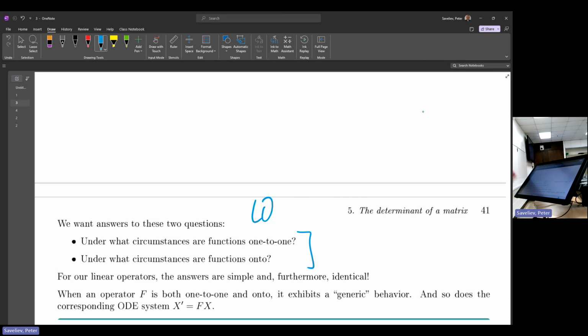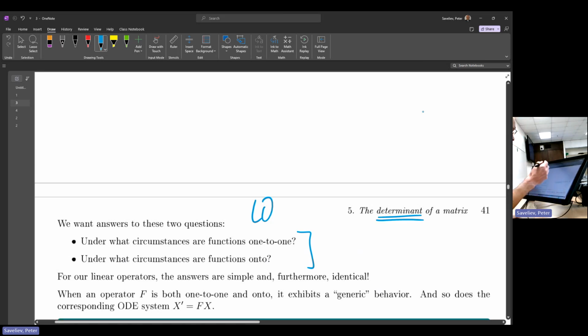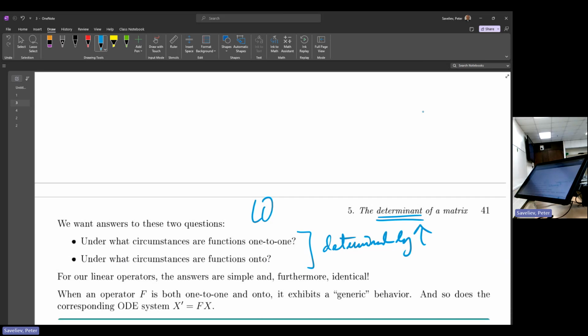Is there some kind of projection collapse present in our linear operator? How can we tell? The answer is, it is determined by the determinant. The answer is very simple. And once again, remember that it is nothing but four numbers.